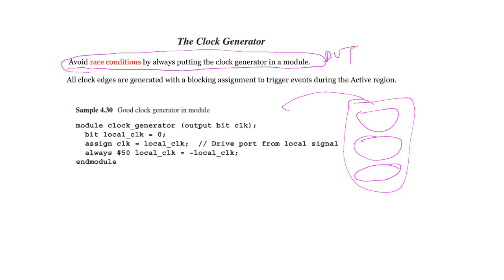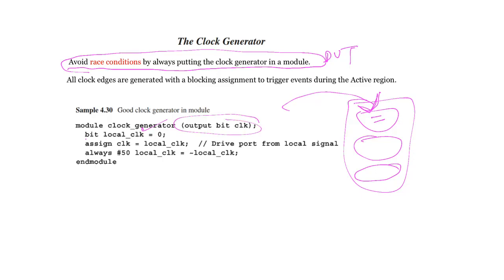The clock should be generated at the first level, so you must specify blocking assignment statements. And one more good thing to generate the clock is to generate it with a local signal. Instead of going with the actual clock signal, you make it a local signal. So look at this one, the better way of generating the clock generator in a module.